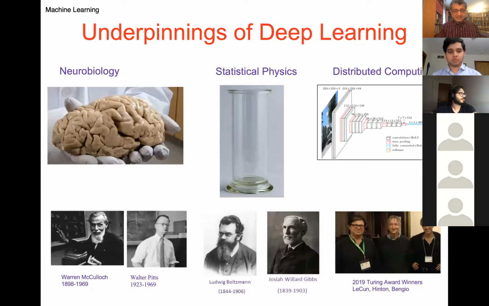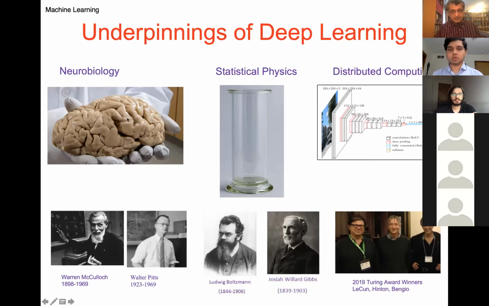All right, here is my slide showing all these inspiring people which led to where we are today. On the top left is an extracted human brain, the kind of human brain that was studied by Warren McCulloch and Walter Pitts. These are the guys who studied what the brain consists of, and they said, "Oh, it's got a whole bunch of neurons in it, and they're all connected to each other, and that's how the brain looks."